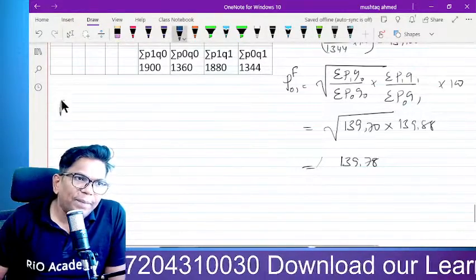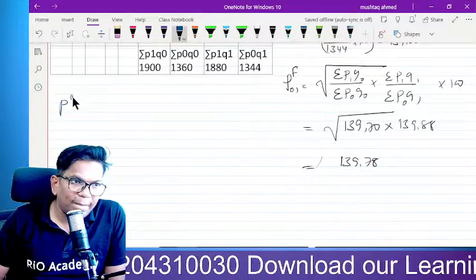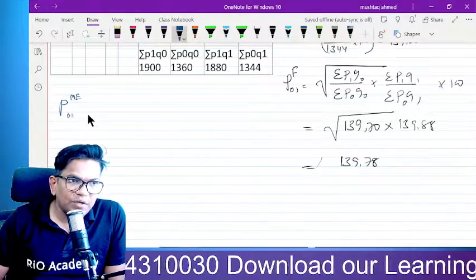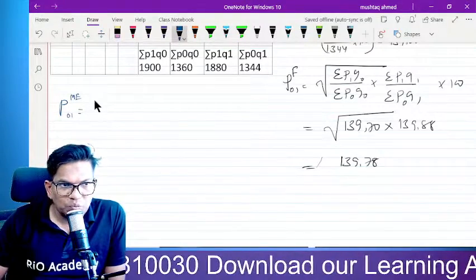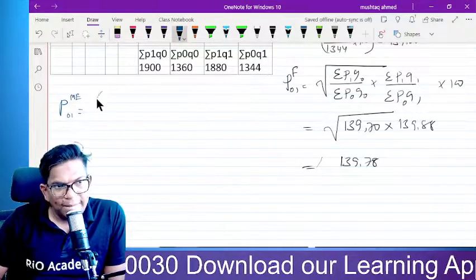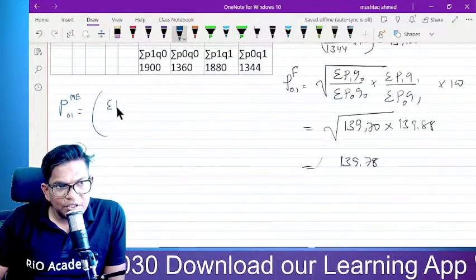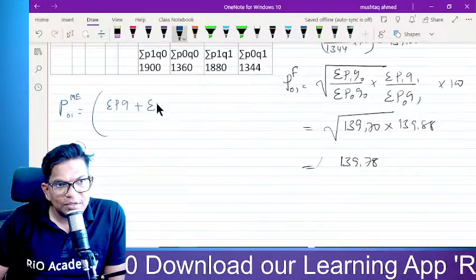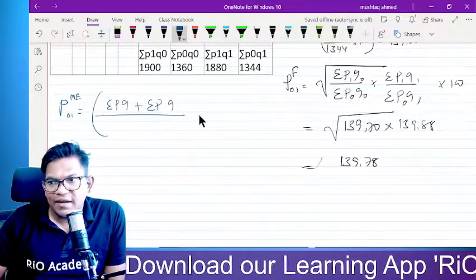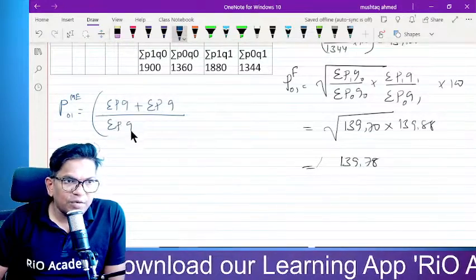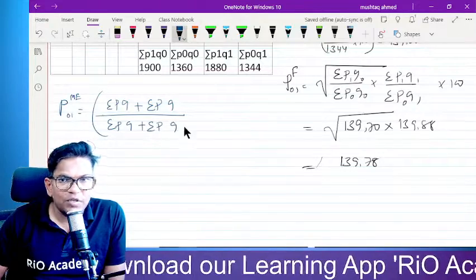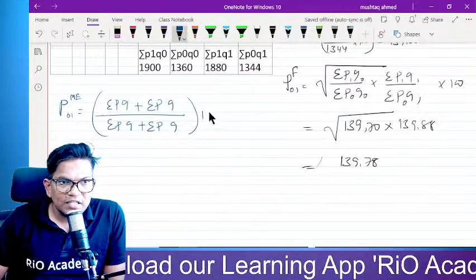Now what will happen? Marshall Edgeworth is equal to what? Summation of P1 Q0 plus summation of P1 Q1 divided by summation of P0 Q0 plus summation of P0 Q1. This is multiplied by 100.